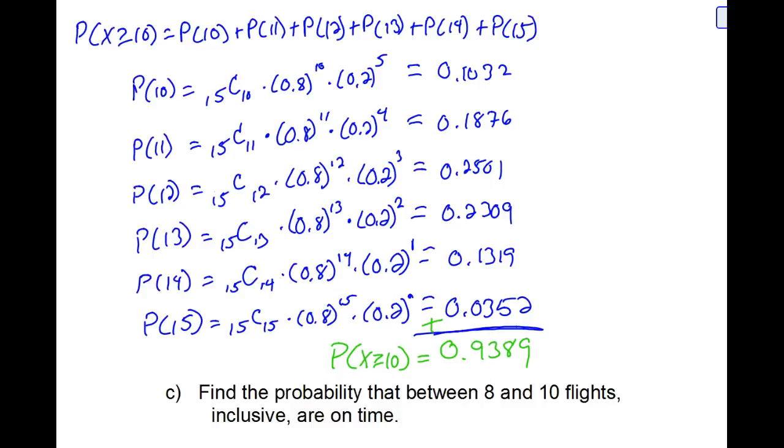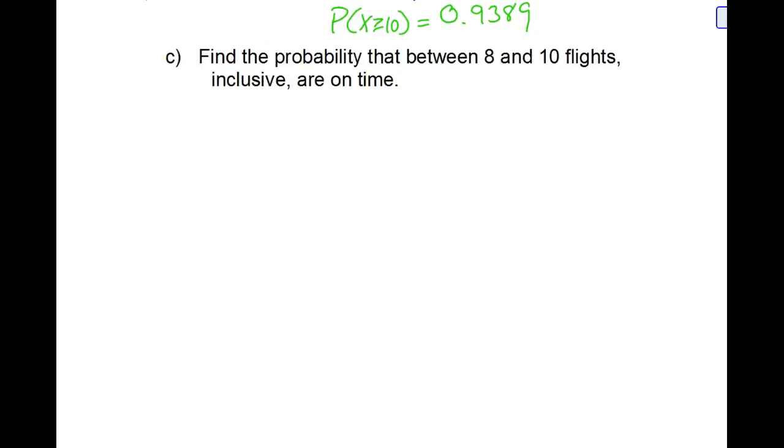Now then, part C wants to know the probability that between 8 and 10 flights, inclusive, meaning that we include the 8 and 10, are on time. So that's referring to the probability that it is between 8 and 10. So that's going to be the probability of 8 plus the probability of 9 plus the probability of 10.